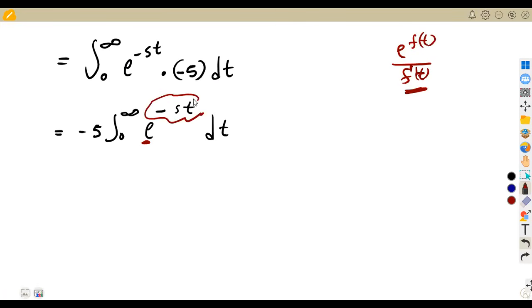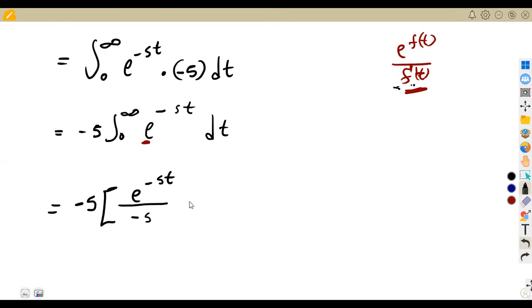Here we are dealing with f of t, so we are going to find the derivative there. So this is going to be minus 5. Then we integrate. So it's e to the exponent of minus st like this over the derivative of our function, which is minus st, where minus s is a constant. So we are going to obtain minus s like this.